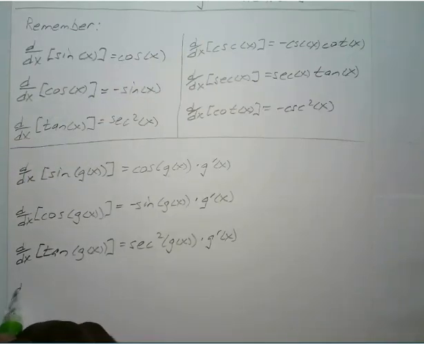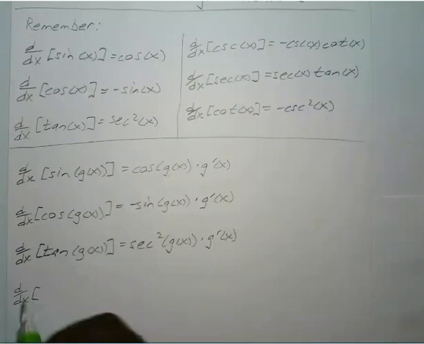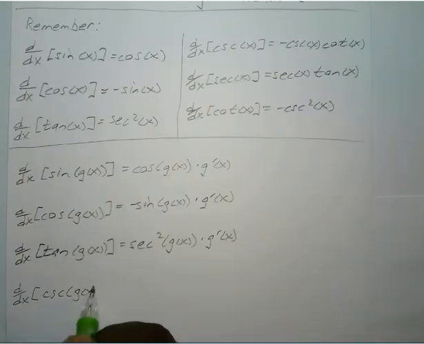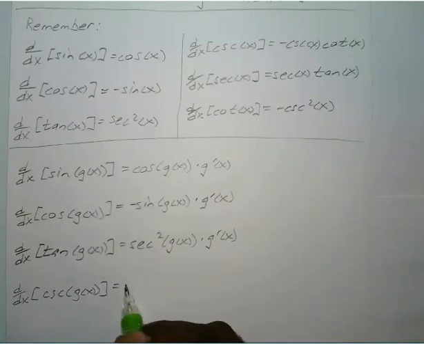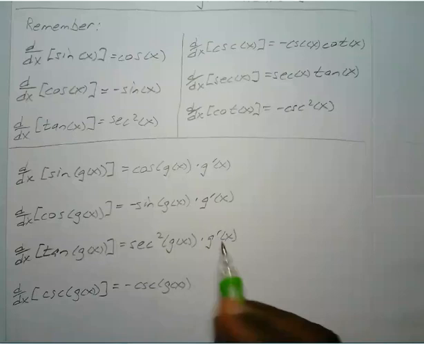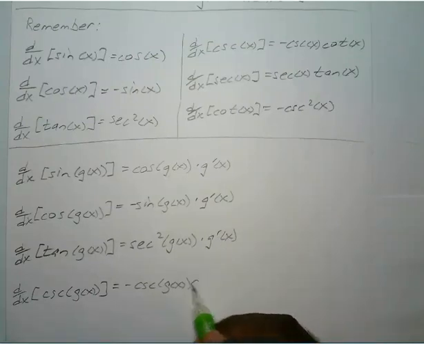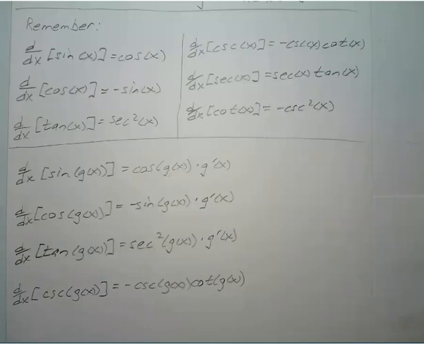So the derivative of cosecant of a function of x is going to equal negative cosecant of the function of x, cotangent of the function of x, times the derivative of that function of x.